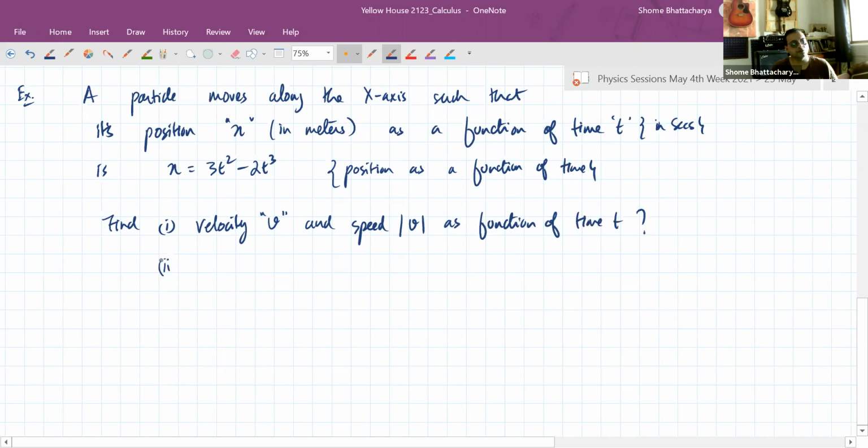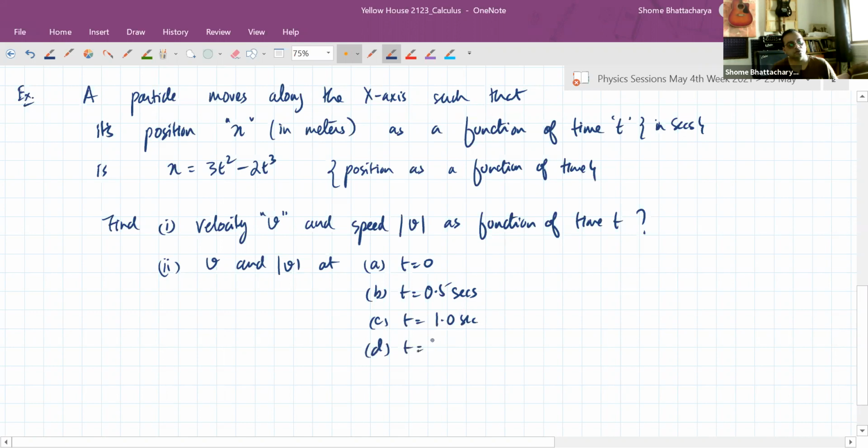So from that, now we want to find the instantaneous velocity and the speed, that is mod of v, at the particular instants t equal to 0, t equal to 0.5 seconds, t equal to 1 second, and t equal to 1.5 seconds.